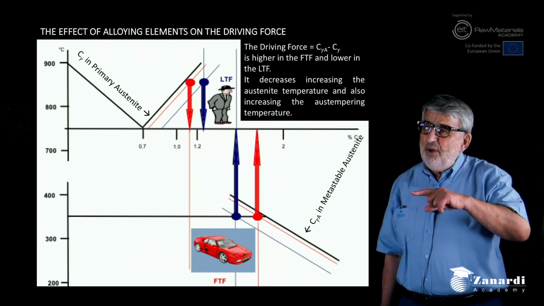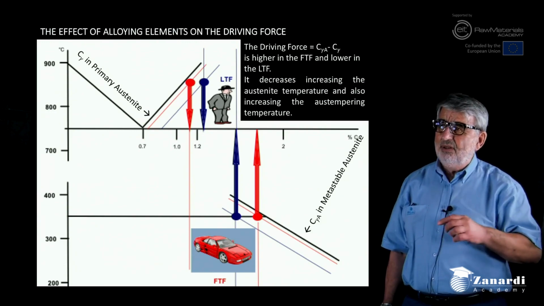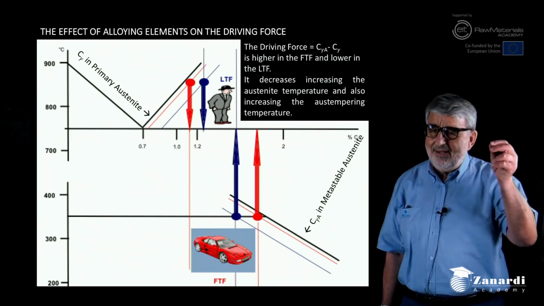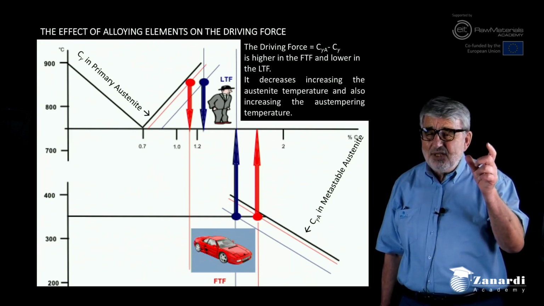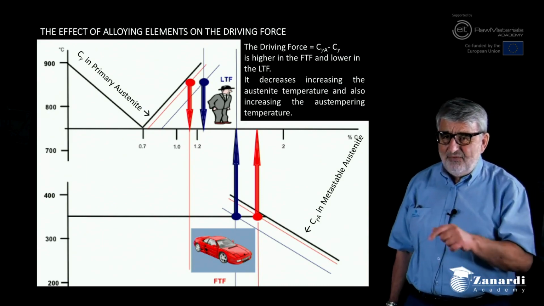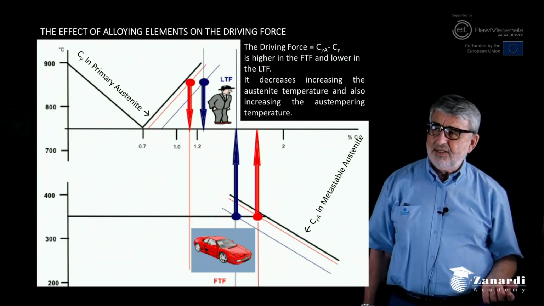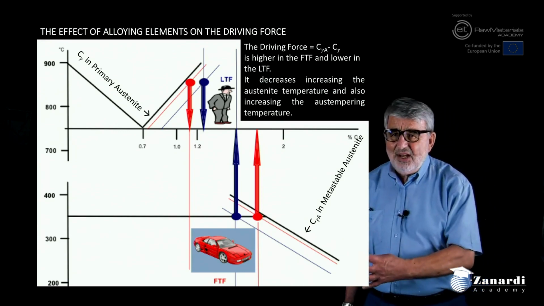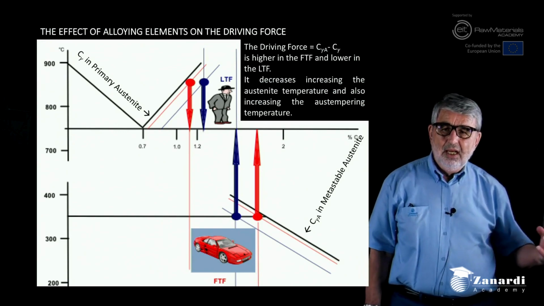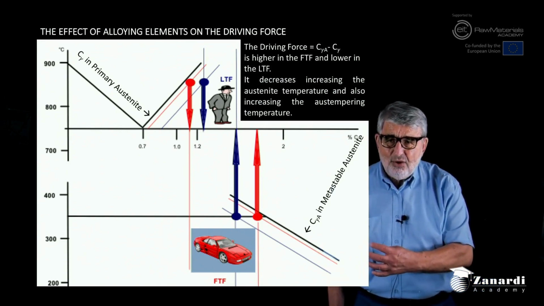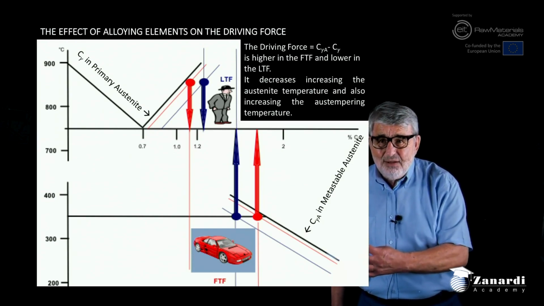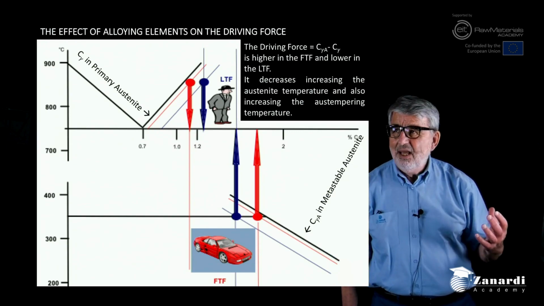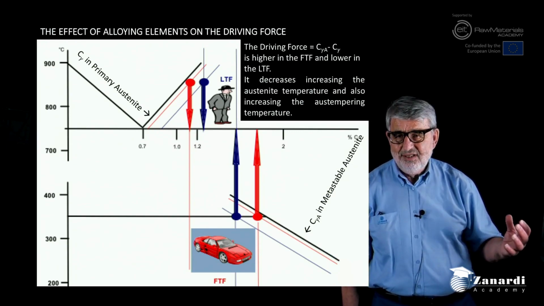You see that if we increase the austenitizing temperature, the carbon solubility into the austenite increases. Then the driving force decreases, both in the first to freeze and also in the last to freeze. And decreasing the driving force, the reaction is slower. The austempering reaction takes more time. More does not mean more minutes, it means many more hours.